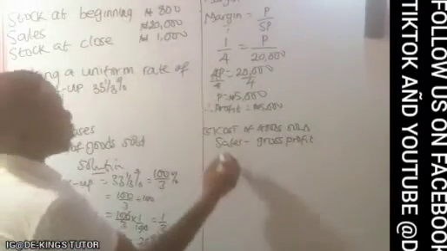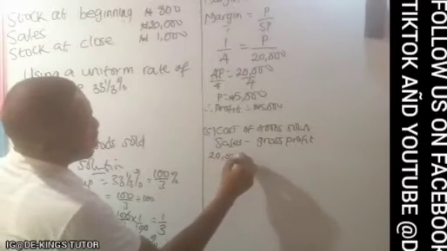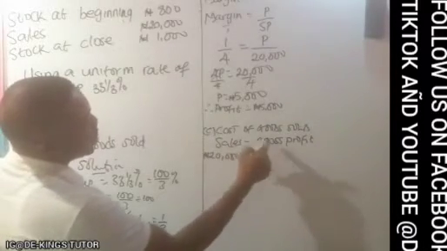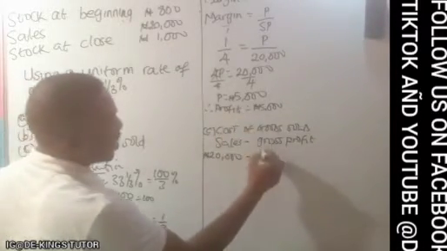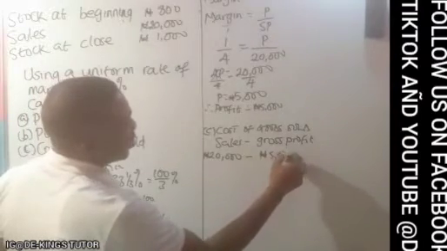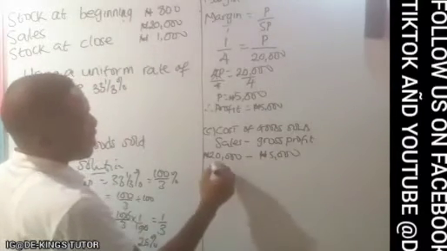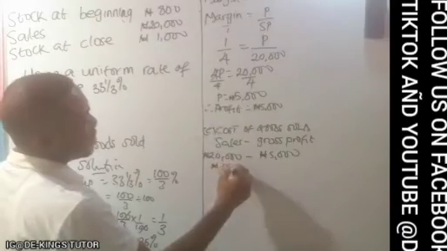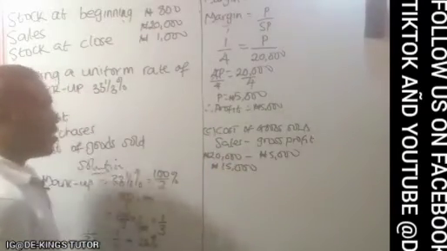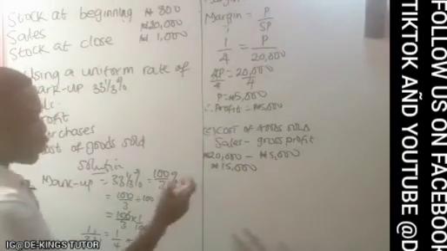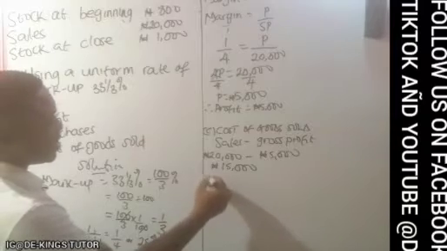Sales is given here as 20,000 naira, minus the gross profit, which we've gotten here as 5,000. So 20,000 minus 5,000 gives us 15,000 naira. That's all.